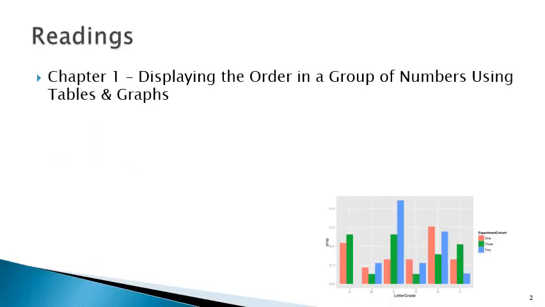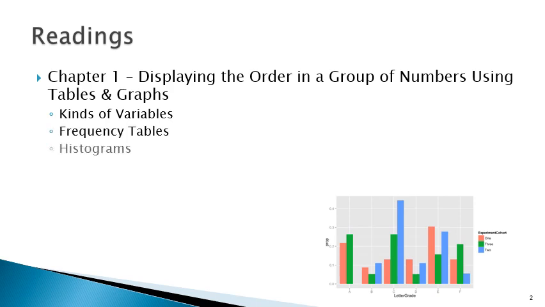Okay, two chapters to read this week. The first one is chapter 1, and the book is augmenting the class. This is going to be a predominantly lecture-heavy class, but it's going to give you some real technical things that are going to help you. So this first chapter is going to tell you about how to create tables and graphs and charts.